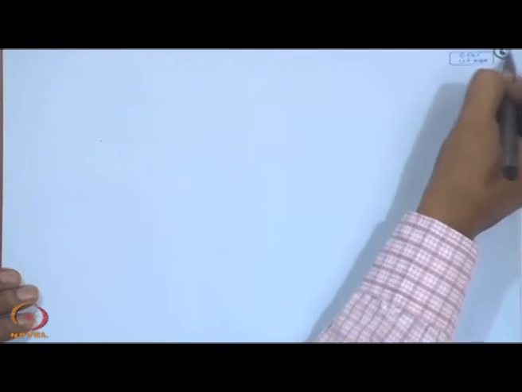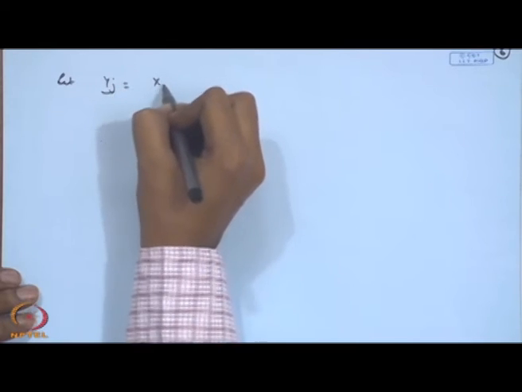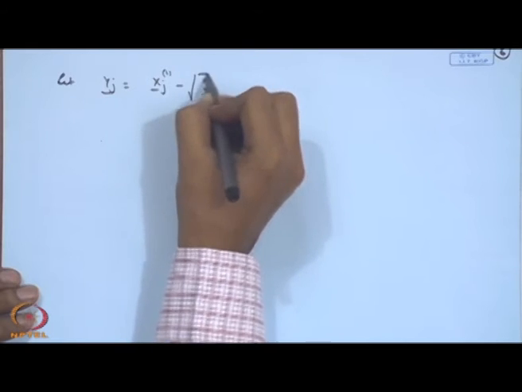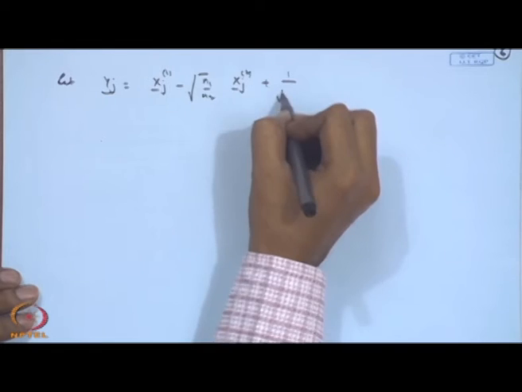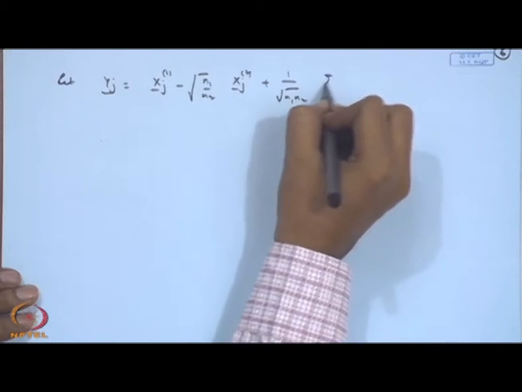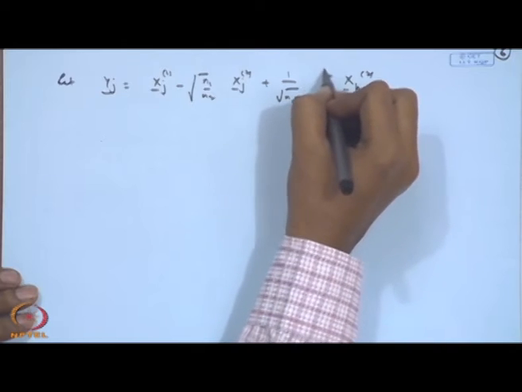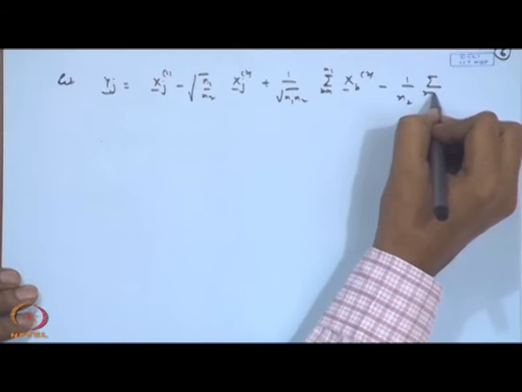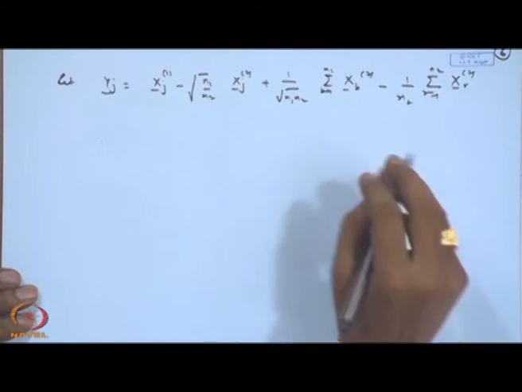In this case, let us define y_j equal to x_j1 minus square root of n_1 by n_2 times x_j2, plus 1 by root n_1 n_2 times the sum over k equal to 1 to n_1 of x_k2, minus 1 by n_2 times the sum over r equal to 1 to n_2 of x_r2.